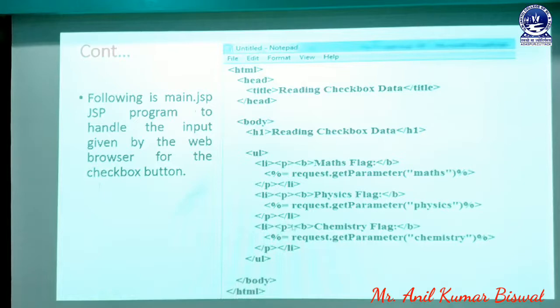Then we need to bold the chemistry option, and its value must be retrieved through the expression tag request.getParameter with the argument chemistry. Through the request implicit object we can retrieve whether the chemistry checkbox is selected, which is mentioned in our HTML page.